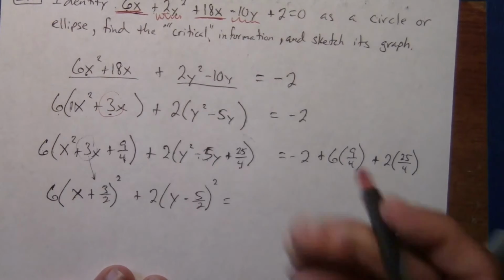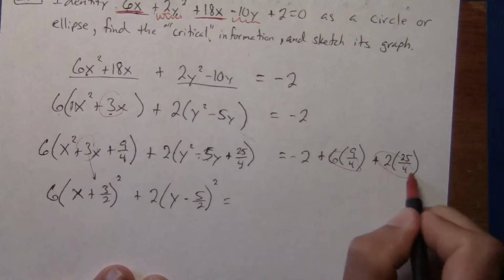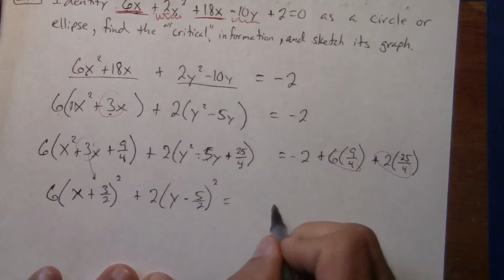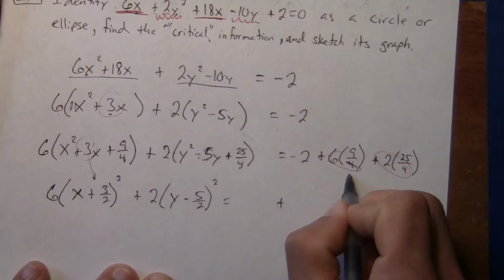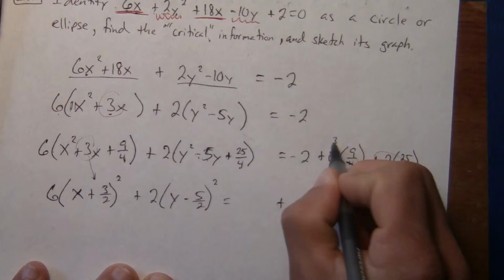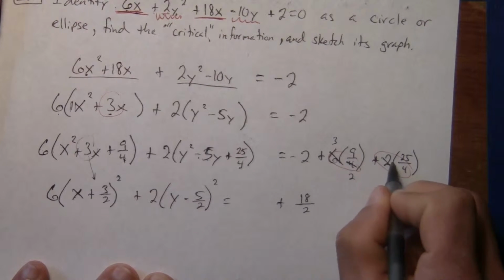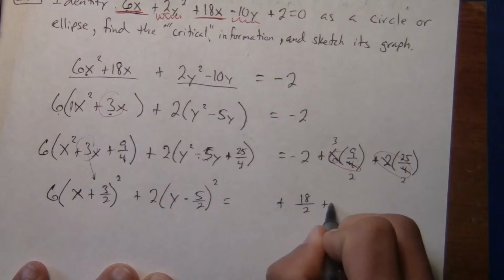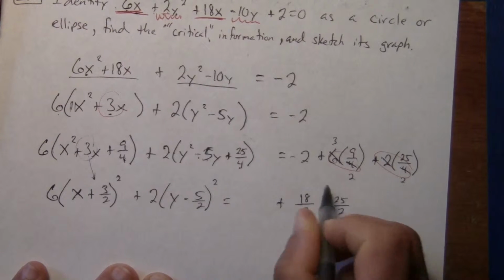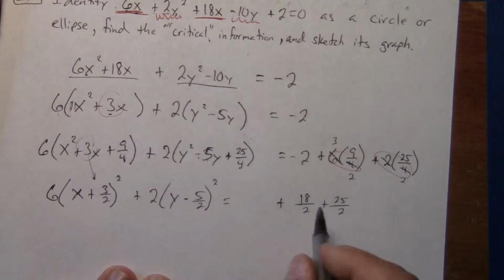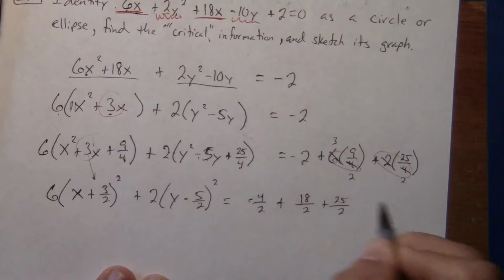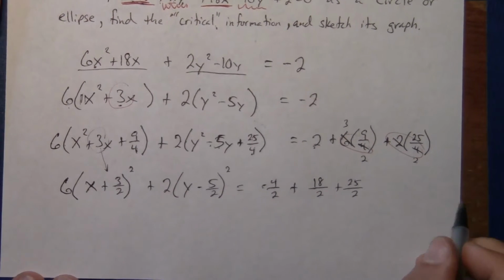Again, I recommend that you simplify that and that before you get too far carried away. So I can take a 2 out of both of these. Looks like that's going to give me 18 halves. Take a 2 out of both of these. Looks like that's going to give me 25 halves. And of course you notice I waited on the negative 2 to see what the common denominator would be. Looks like it's over 2, so I'm going to change that to negative 4 halves.